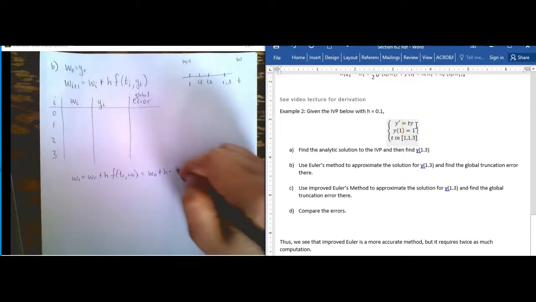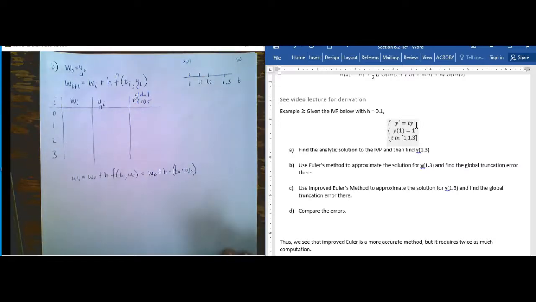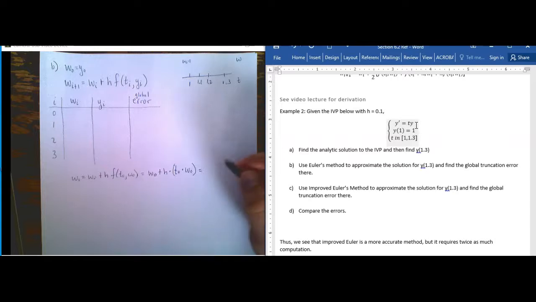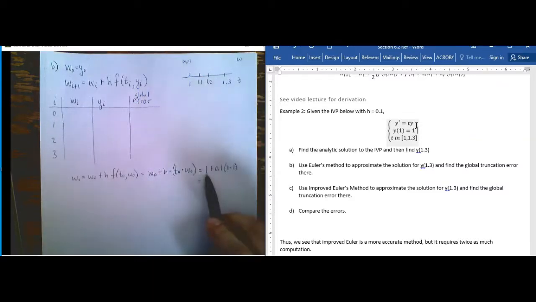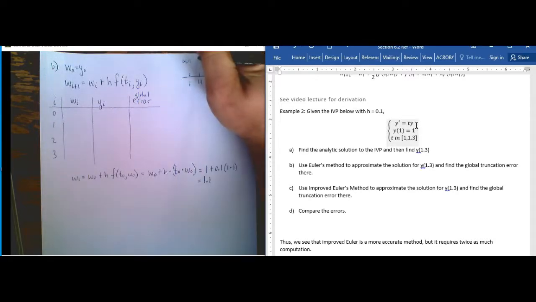So this would be t0 times w0. So plugging in those values, w0 is 1, h is 0.1, t0 is 1, times w0 is 1. So that gives us 1.1. So our w1 is 1.1.